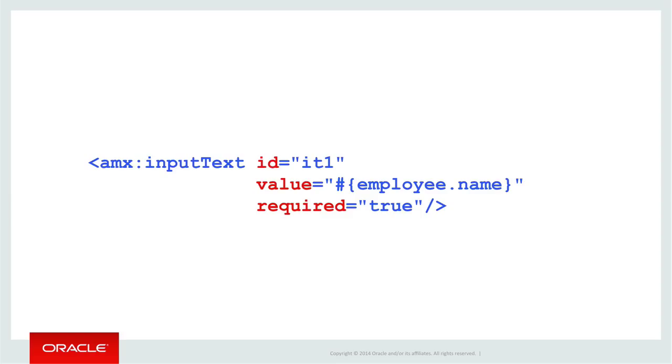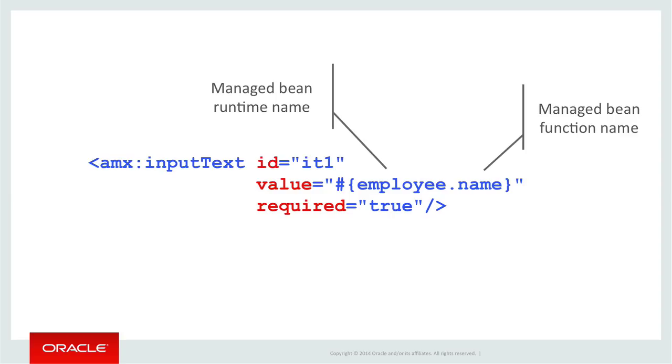The left part, employee, refers to a managed bean, which is a Java bean or class that is currently being managed by the MAF framework, such that it can be called via our pages. In other words, a Java class has been configured or injected into our application to be used. The right part of the expression, after the dot, refers to the function name we're calling, in this case, name.